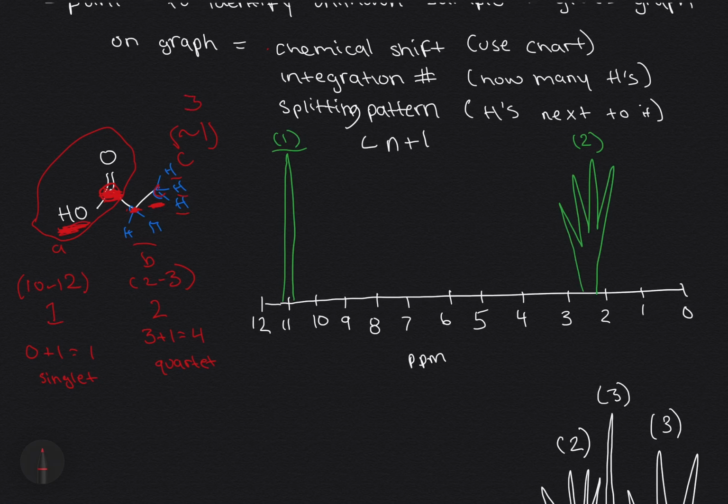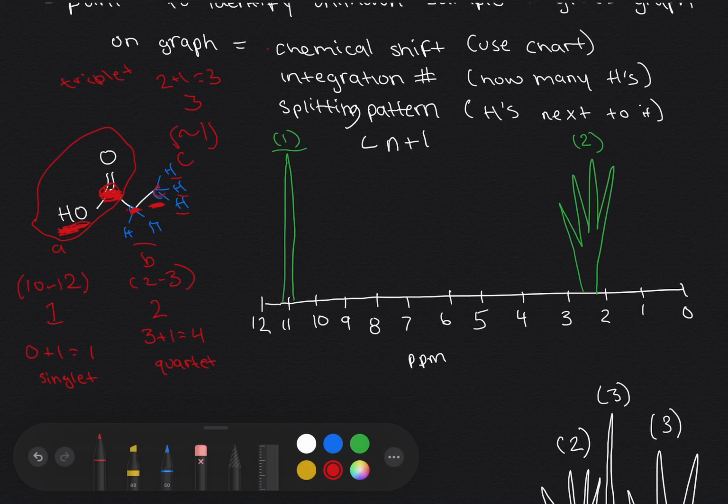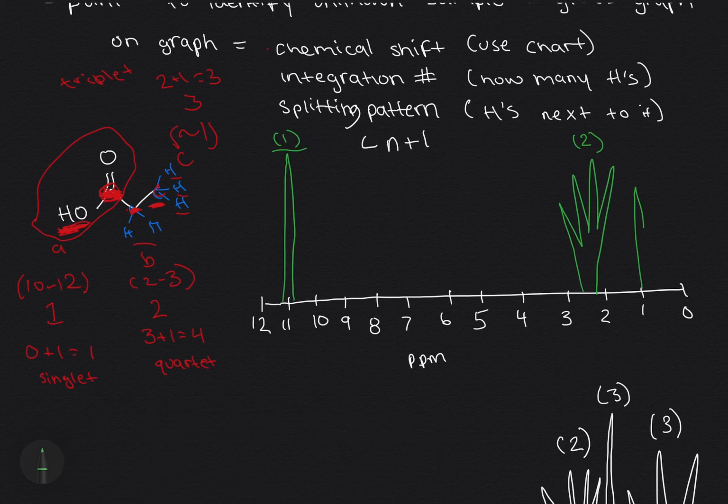And then the splitting pattern would be, okay, what are we next to? We're next to this CH2, so there's 2 hydrogens. Splitting pattern would be 2 plus 1, which equals 3, which would be a triplet. Hope you guys can read that, but okay. So we're going to have a triplet at approximately 1, and the integration number for that is 3. So that's what our HNMR spectrum would look like for propanoic acid.